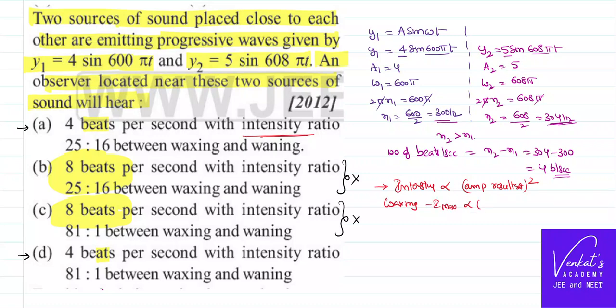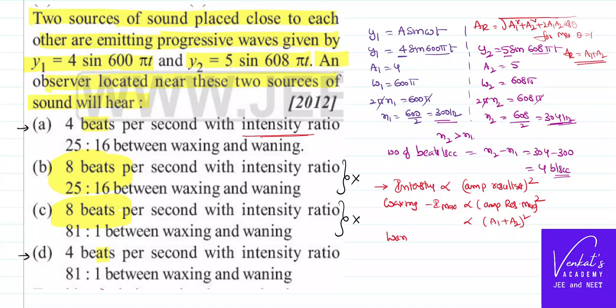So maximum intensity is directly proportional to the maximum resultant amplitude whole square, that is A1 plus A2. You know, A resultant can be expressed as the square root of A1 square plus A2 square plus 2 A1 A2, in wave vector format, cos theta. So for maximum, theta has to be 0. So A resultant is A1 plus A2. That's the maximum value. Minimum value is of course A1 minus A2.